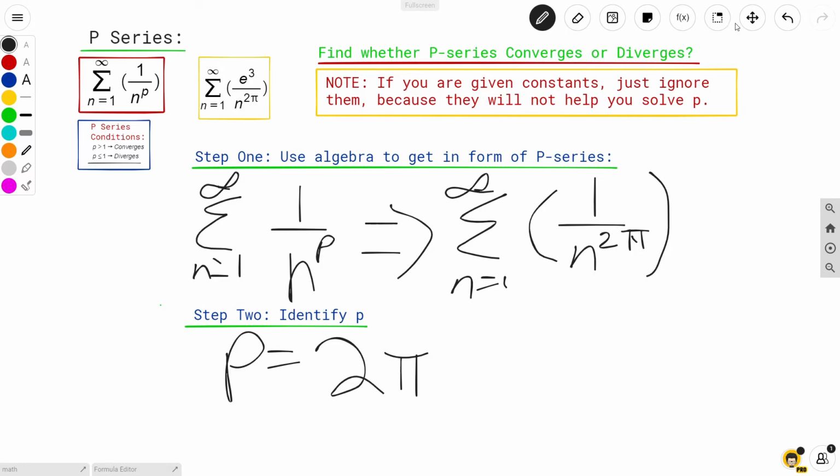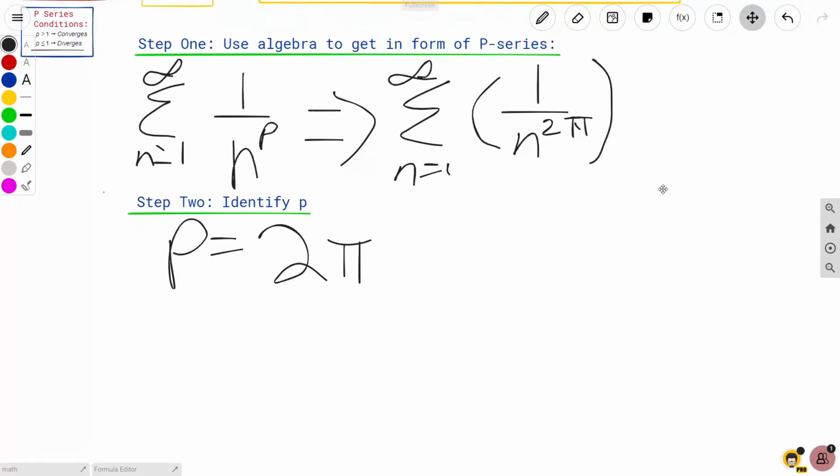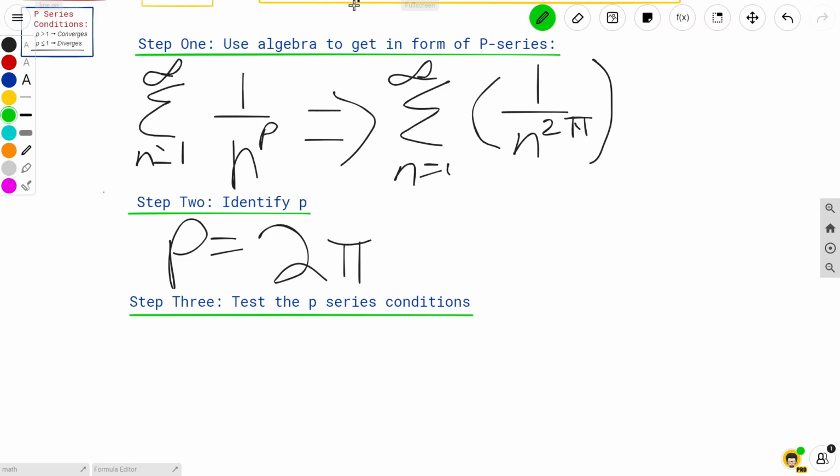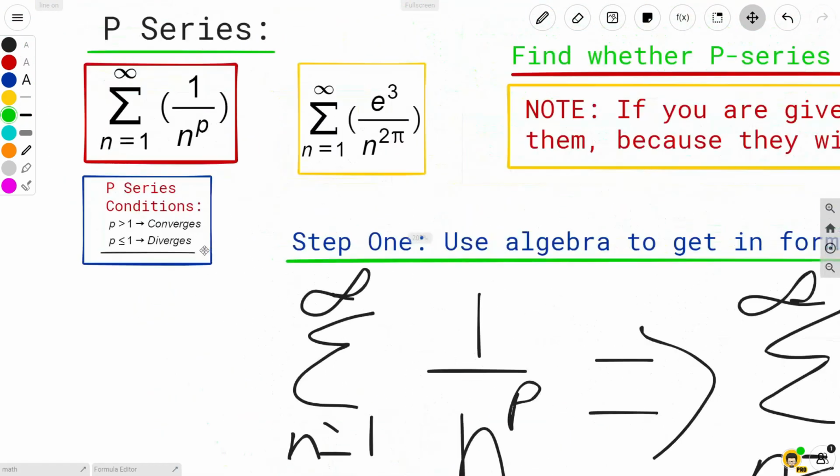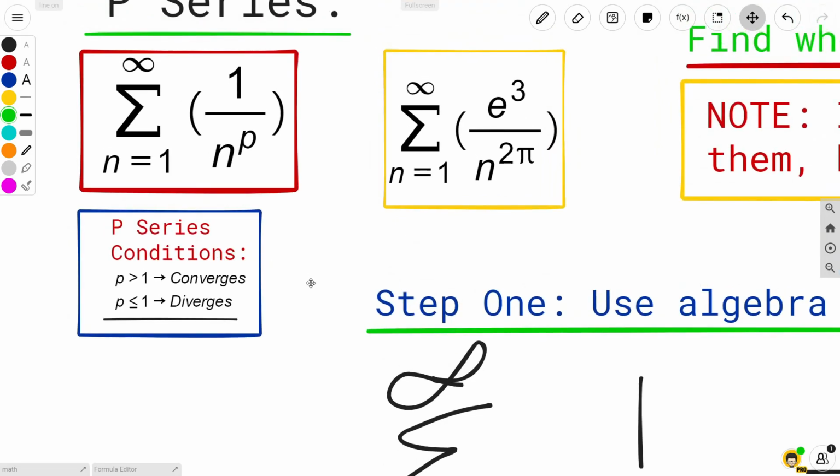Now that we know that, we can proceed to step 3. For step 3, we test the p-series conditions. Real quick, I'm going to zoom in on the p-series conditions so you can see them. If p is less than or equal to 1, it diverges. If p is greater than 1, it converges.